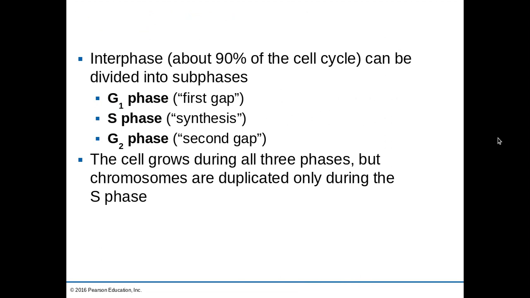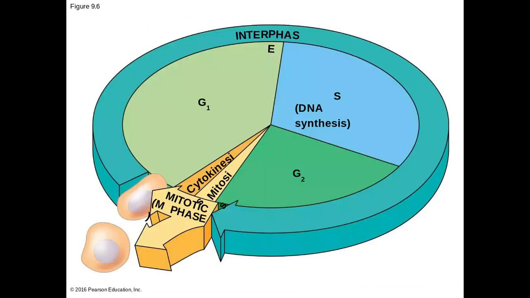So the S phase is when the chromosomes get copied. G1 you can think of as a brand new cell, growing and getting bigger just to be its normal cell self. In the S phase, the DNA gets copied, and in the G2 phase, the cell is getting even bigger because, if you recall, by the end of mitosis and cytokinesis, it's going to split into two. So that's how you can divide the phases in your brain.